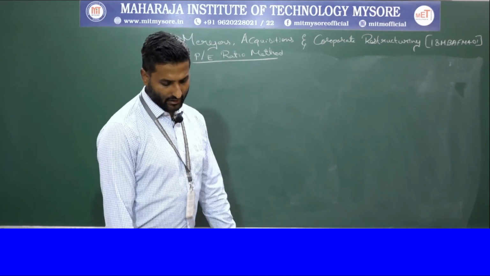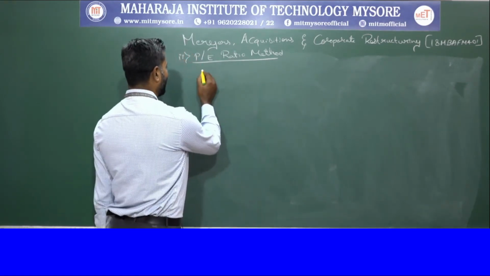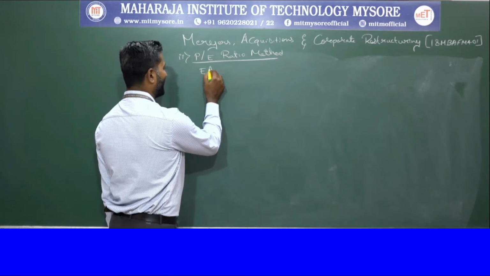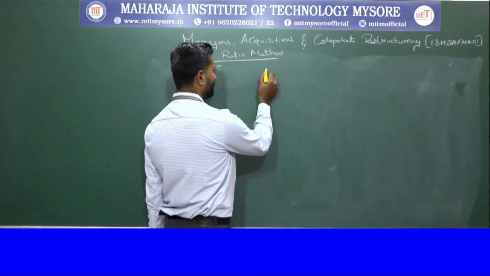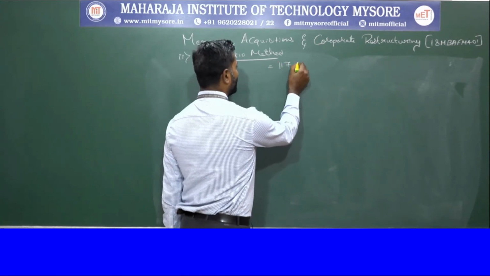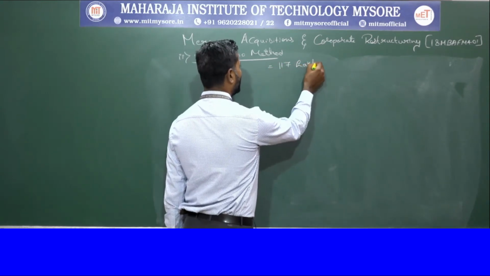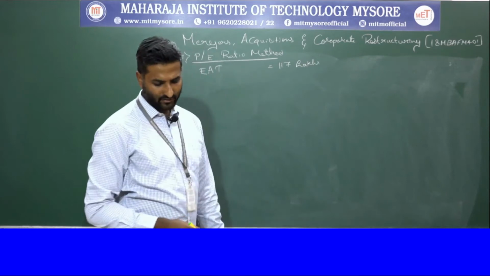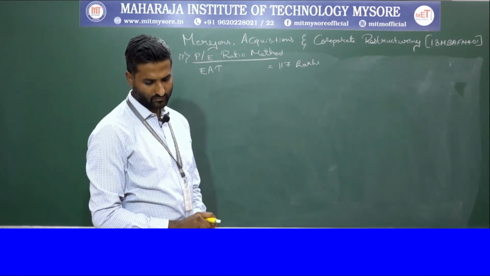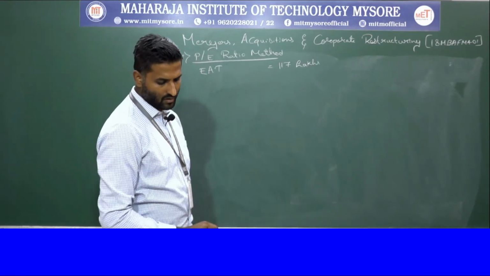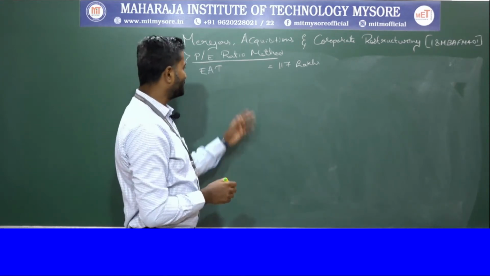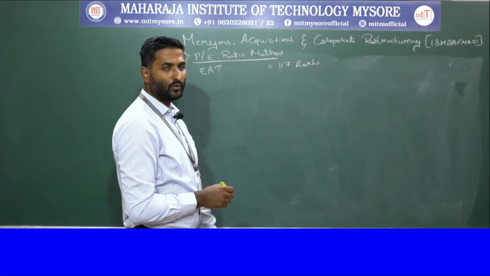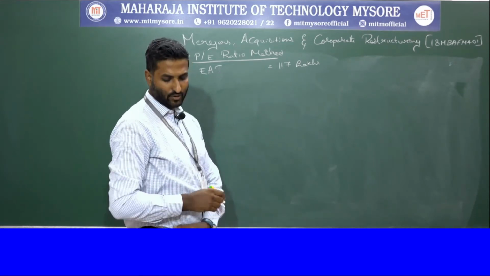Whatever is given as EAT in the problem, earning after tax, it amounts to rupees 117 lakhs. Therefore, directly we make use of the PE ratio to calculate by the market ratio method.